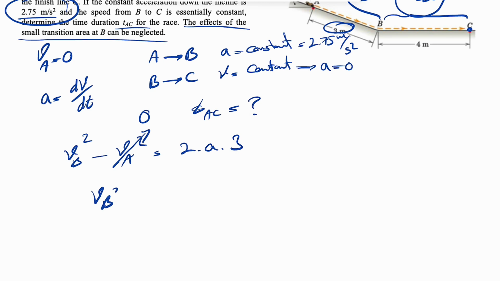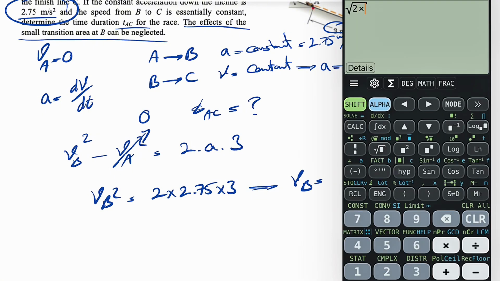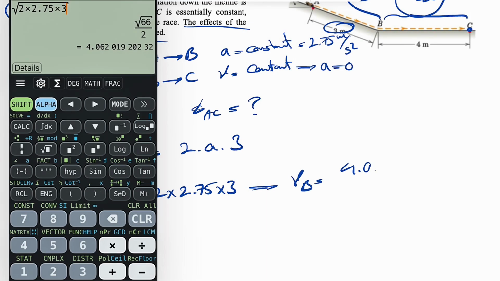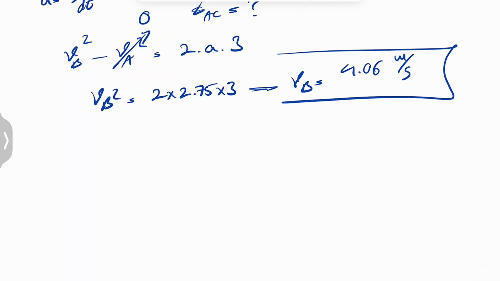So our VB squared is 2 times 2.75 times 3, and we can find the velocity, which is the square root of 2 times 2.75 times 3. That's going to give us 4.06 meters per second.